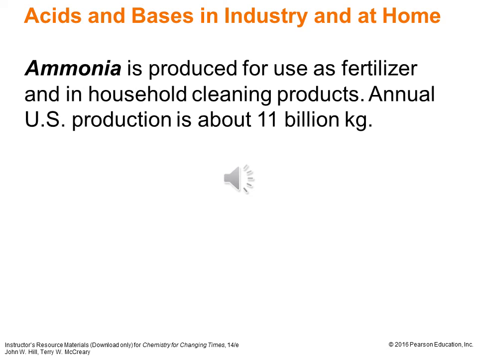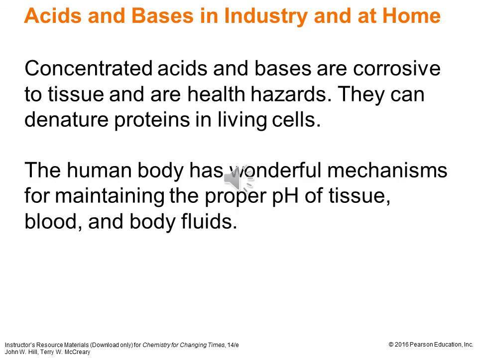Haber also created a method for making chlorine gas that was used as a war gas against the Allies. So unfortunately, that chemist who made some big important contributions also made some contributions that unfortunately extended the war in the case of World War I.